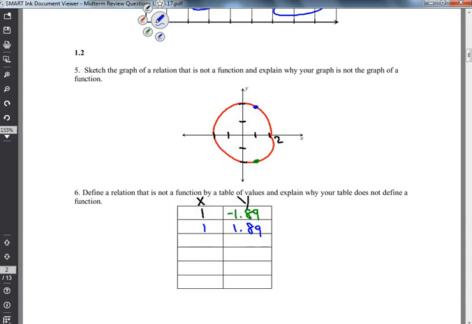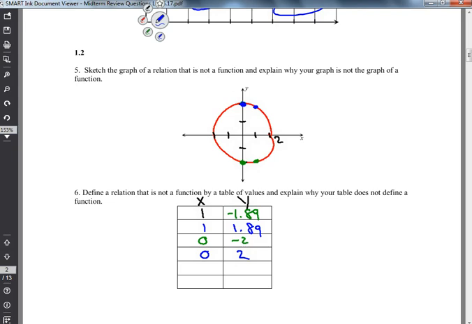So right off the bat, this is not a function. Also, when x is 0, I'm at -2, and I'm at +2. So we get another example of not a function.